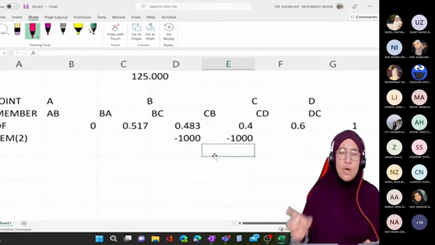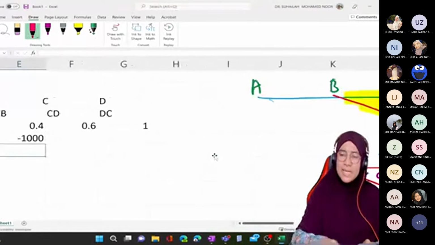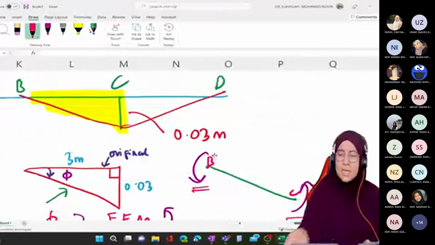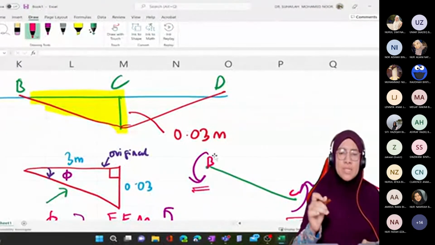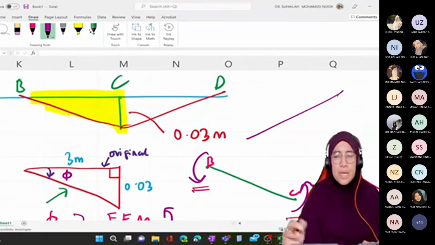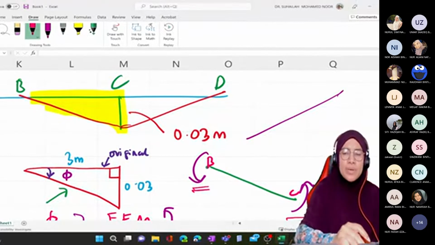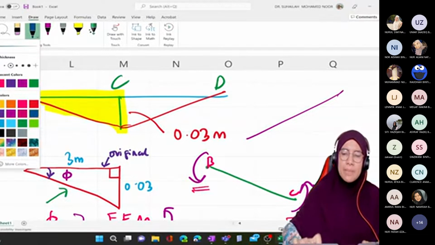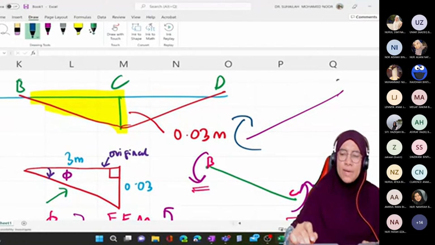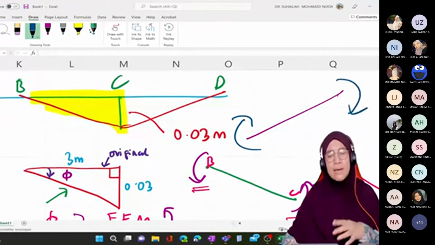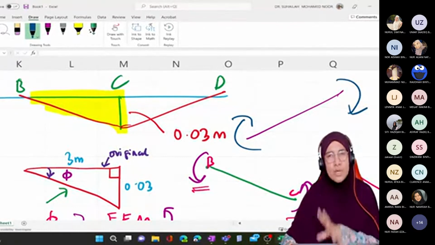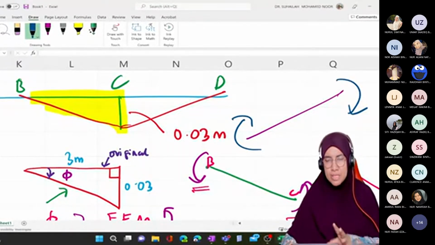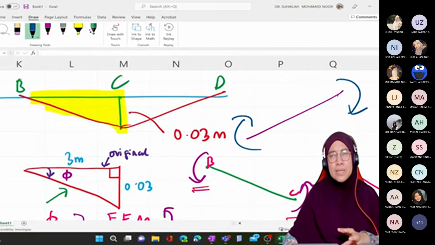Okay, so for CD, the new position after settlement is like this. The moment we apply is to counter back. To counter back means we will have a moment like this, a fixed end moment in the positive direction to represent the behavior of the beam.